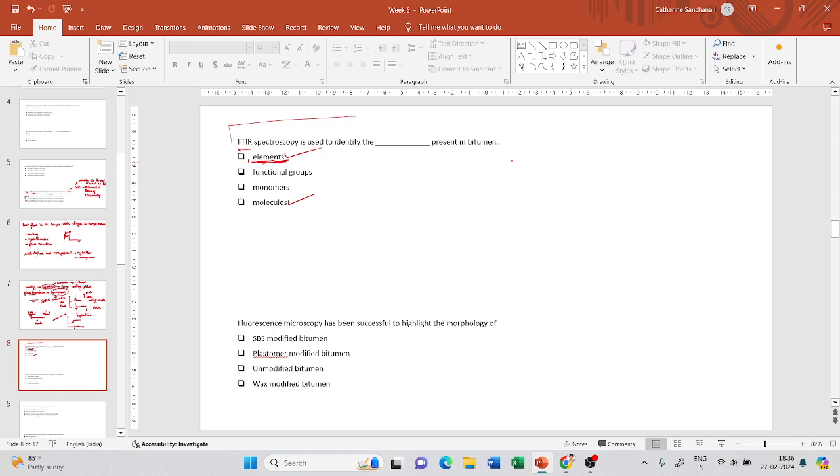So, the bitumen with functional groups, each functional group, depending upon the number of bonds and the atoms in the functional group, will start vibrating at a frequency. So they have their own frequency, right? Every material has its own natural frequency.